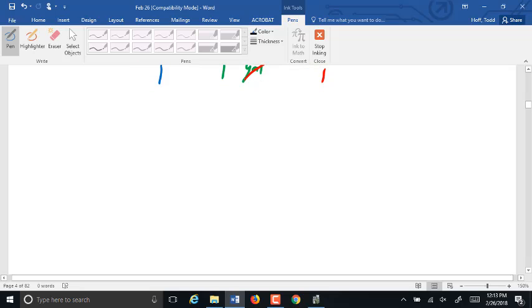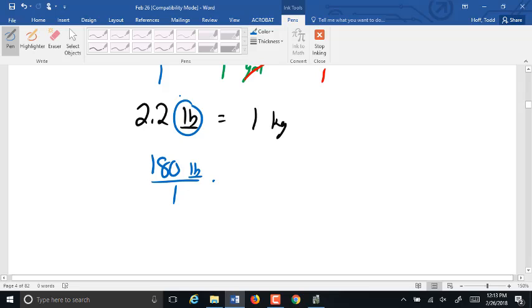Or for weight, we have 1, well, actually goes the other direction, 2.2 pounds is equal to 1 kilogram. So if, let's say that you weigh 180 pounds, and you want to convert yourself into metric. Now you'll notice I made a big deal about pounds being weight and kilograms being mass.